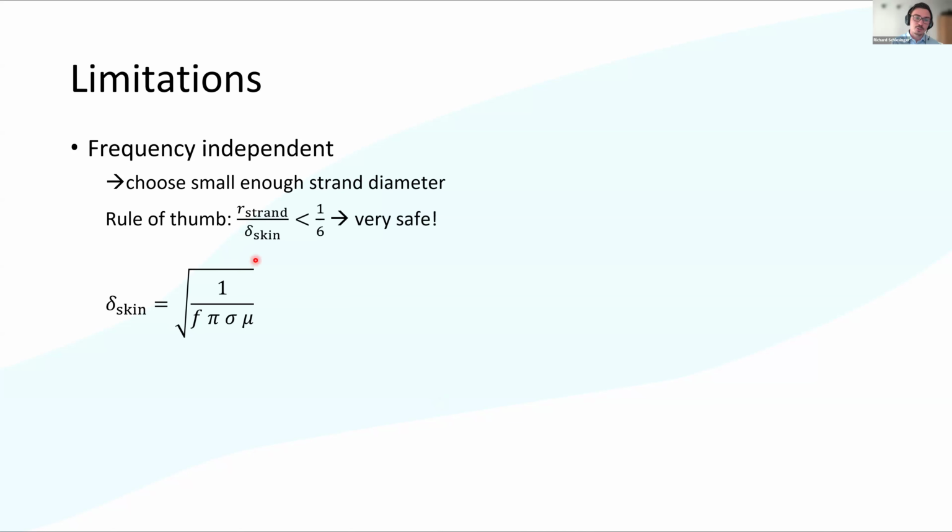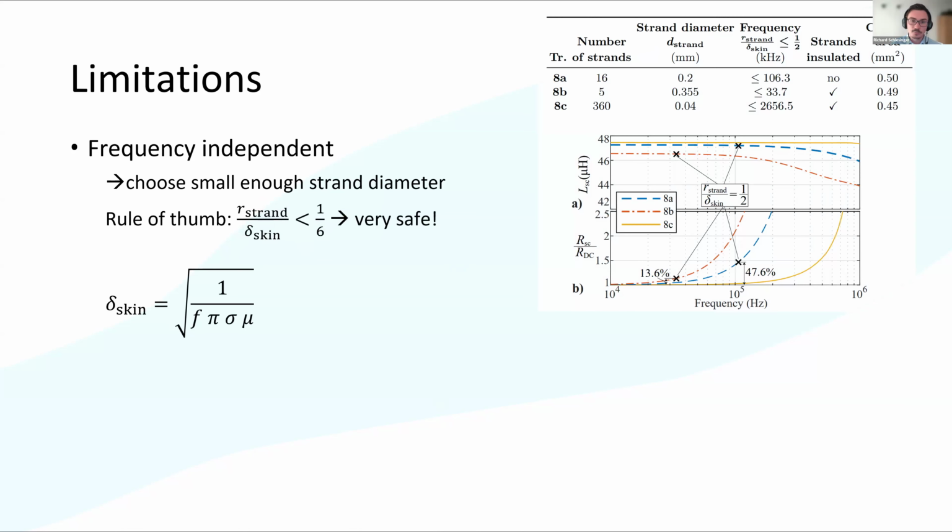As a rule of thumb, if you choose strand radius over skin depth below 1/6, you are very safe. You are even quite safe, even above that. To show that, I built 3 transformers in my PhD, and basically they all have the same geometry, just they use different wires.